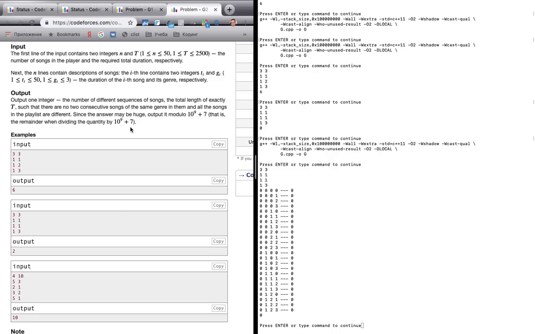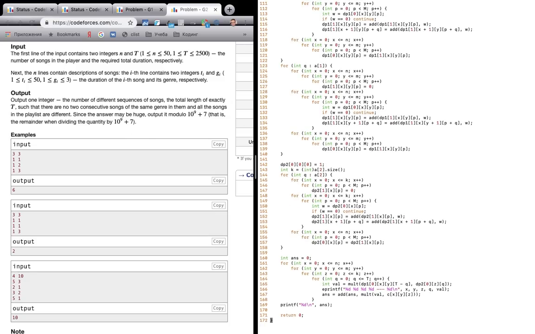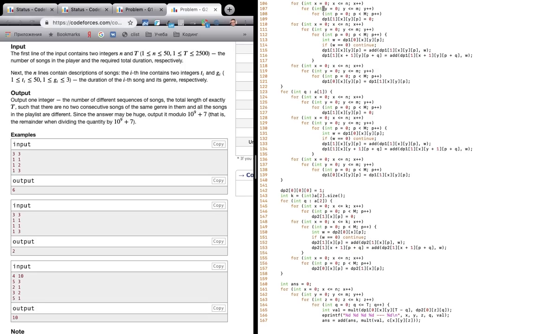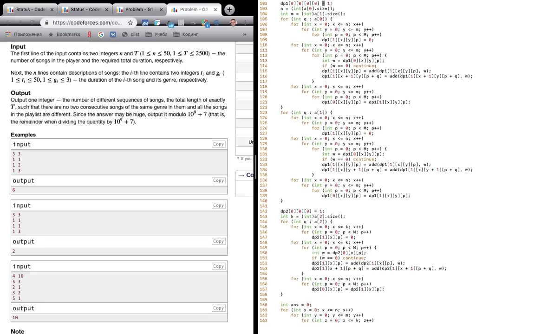Well, actually it will be one song from genre 2 and two songs from genre 3 because I sorted them. And yes, we can see that. But for some reason it's zeros.